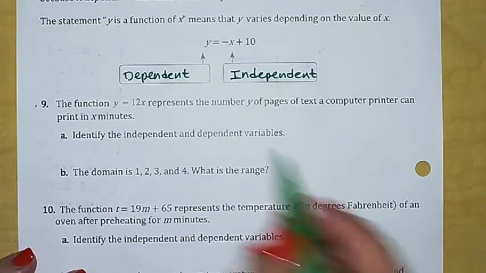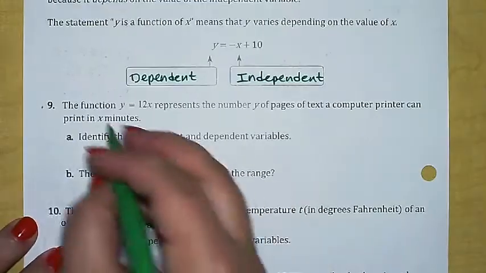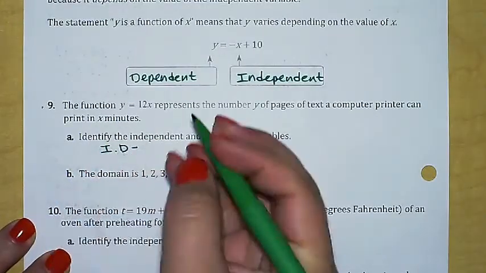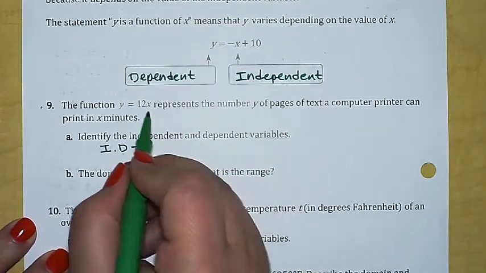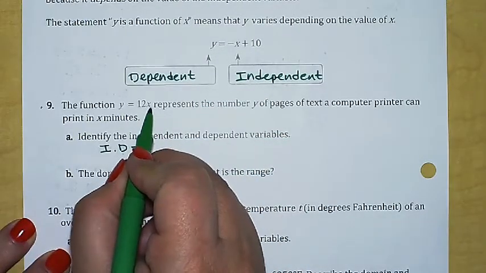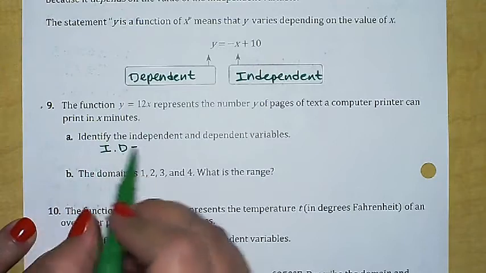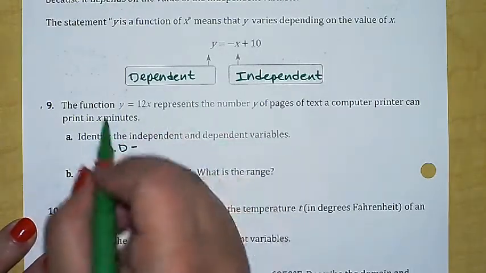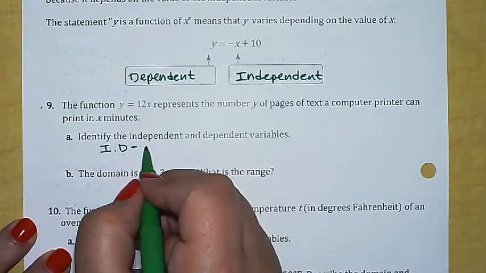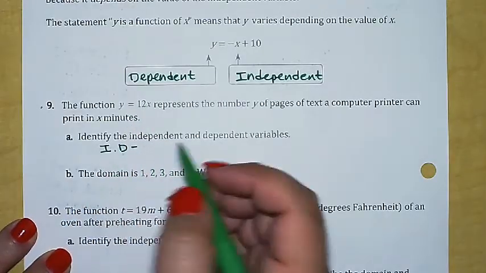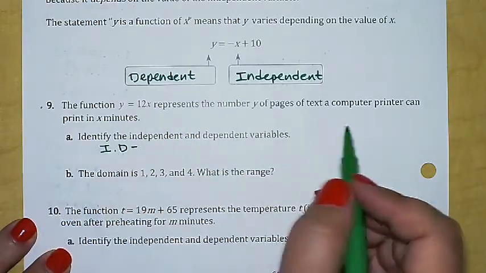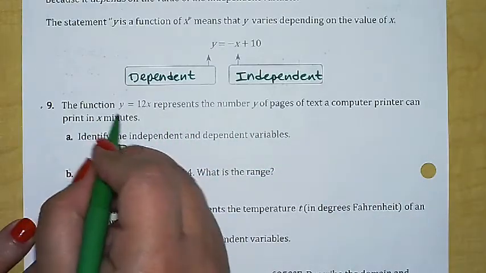Okay, so when we identify the independent and dependent variable, I'm going to use a little bit of an abbreviation here. Independent variable is the one that goes in your input or your x. And in this case, never tell me it's x. When we say what is the independent variable, I'm talking about in the context of this problem. If you say the independent variable is x, that doesn't help me. It's always x on a coordinate grid. What I want you to tell me is what it represents.